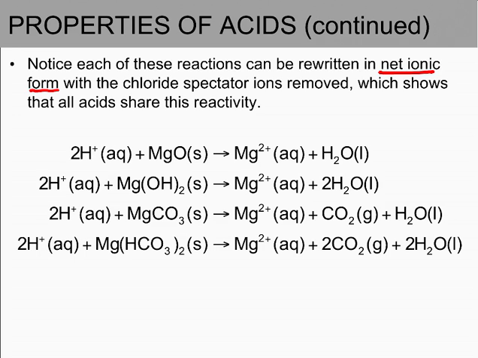This shows that all acids can go through this same exact set of reactions. We just showed that nitric acid goes through a similar process. We could use any other acid, hydrobromic acid, hydriodic acid, etc., and they'll all form these very similar products.